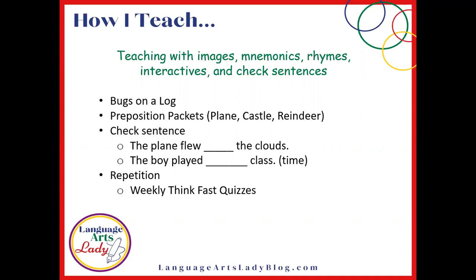And you're going to use this new best friend all the time until either A, it comes into your muscle memory, or B, we've had it in class, and so we've used all the tricks: mnemonics, rhymes, songs, check sentences, and so forth. And then you're going to know more and more. They start using those, and they know 10 prepositions, and then 20, and then 30. Most junior high kids know 50 to 80 when they leave at the end of the school year, and high schoolers will know more like 80 to 100 or even more than that.